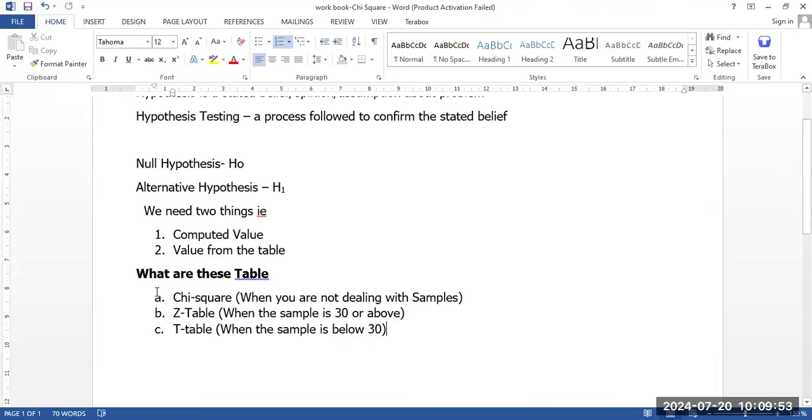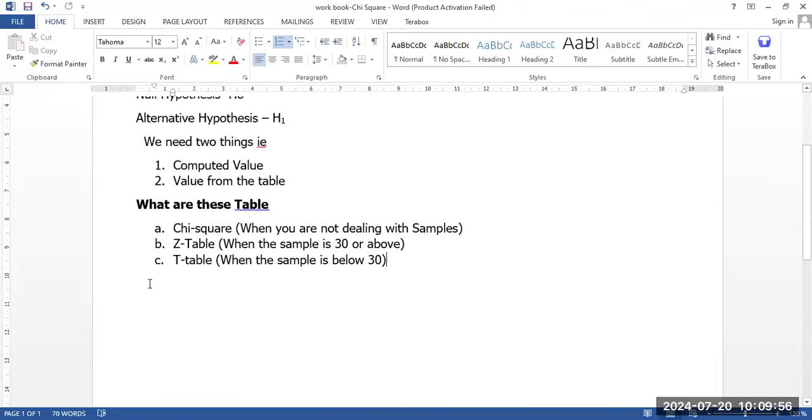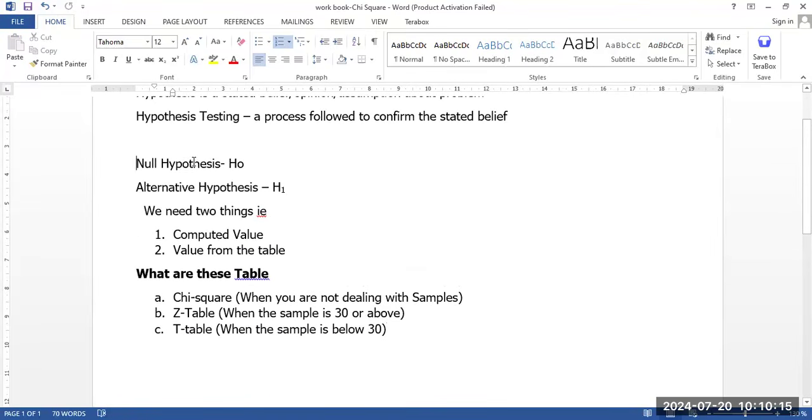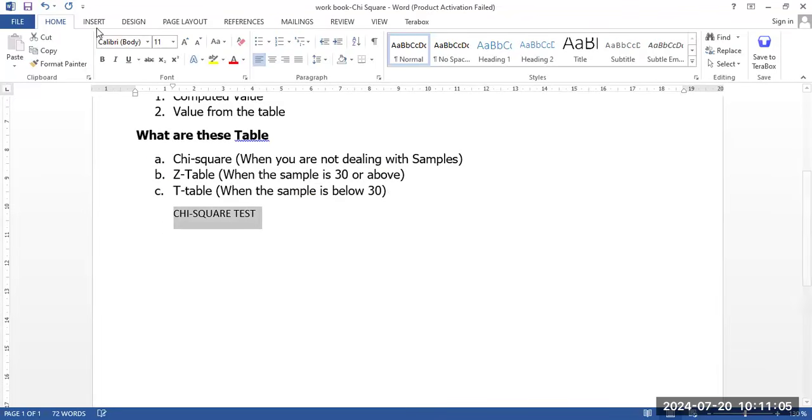So we are going to start with how we can approach questions related to chi-square. How can you actually answer these questions related to chi-square? And I shared with you the document which we are going to use. So we are going to start with the chi-square test.